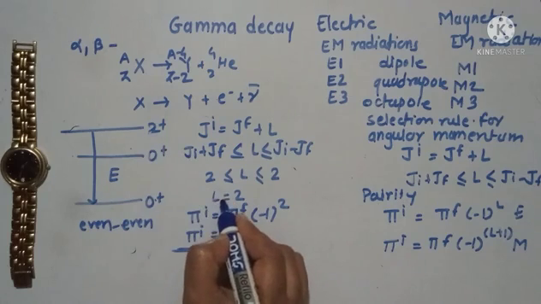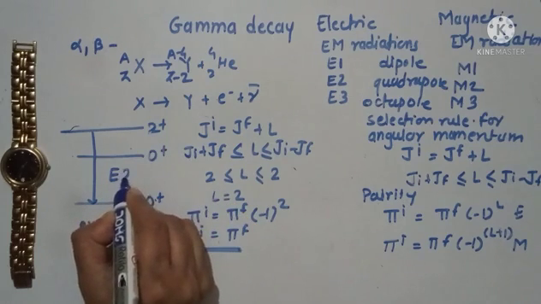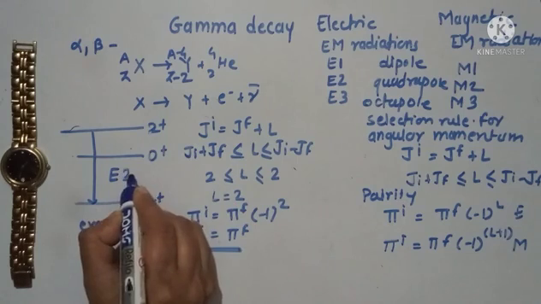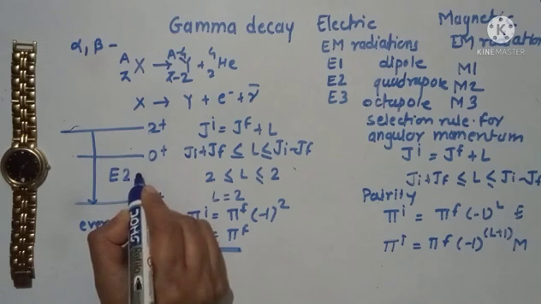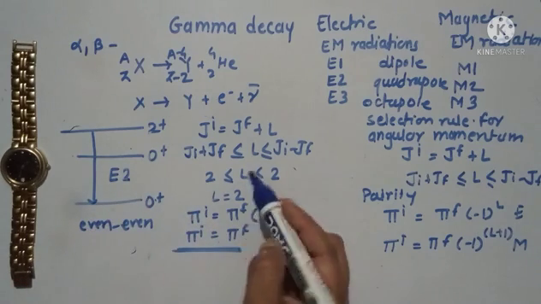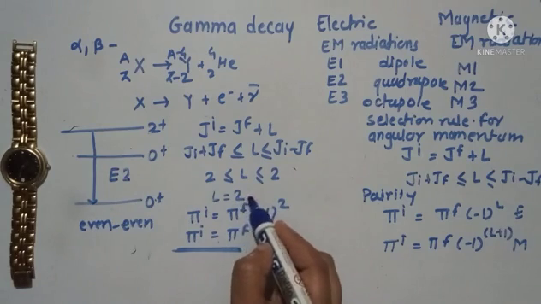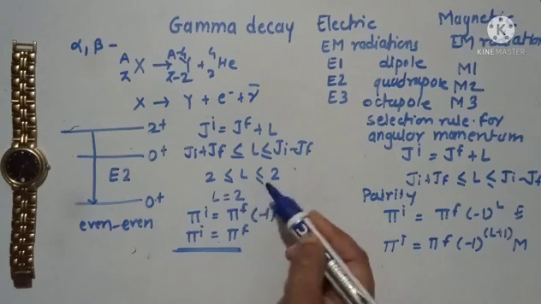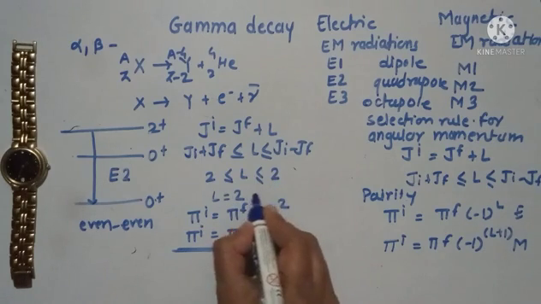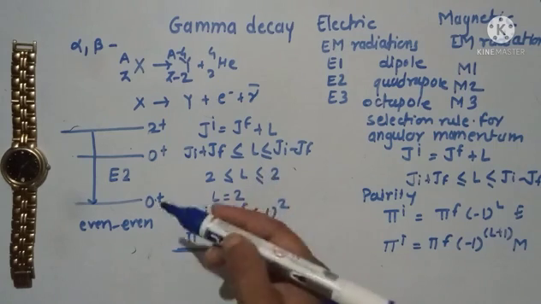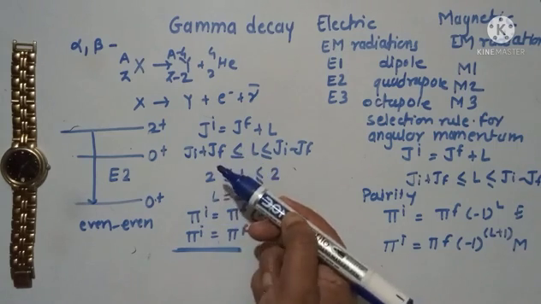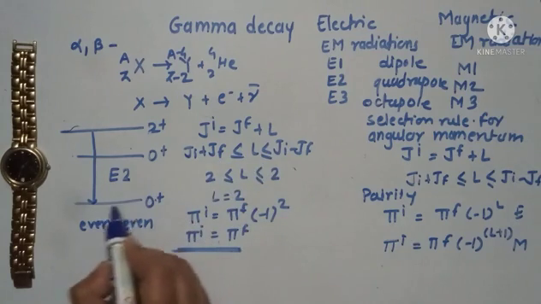And when this L is equal to 2, I will call it E2, and it comes from the quadrupole charge distribution. This is how, by measuring the angular momentum of the outcoming gamma radiation, we can calculate from which excited state the nucleus is de-exciting to which state.